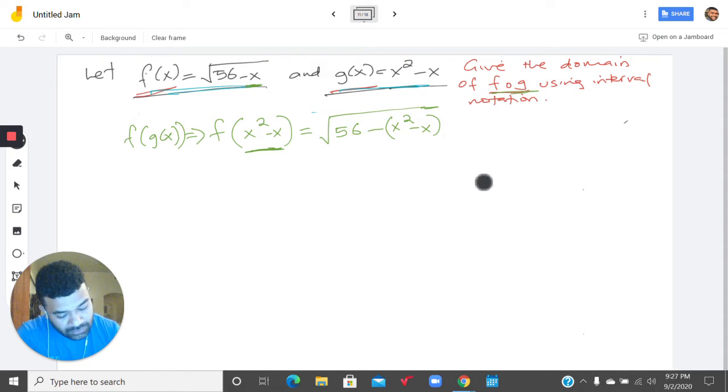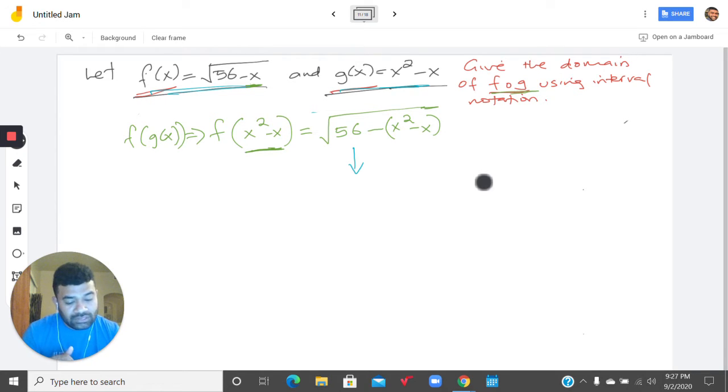What we'll do is we'll leave the radicand. We don't worry about it because now we're just trying to find the domain, right? Because a radicand cannot be less than 0. You cannot have a negative number in the square root. Whatever is in the square root has to be 0 or greater than 0.